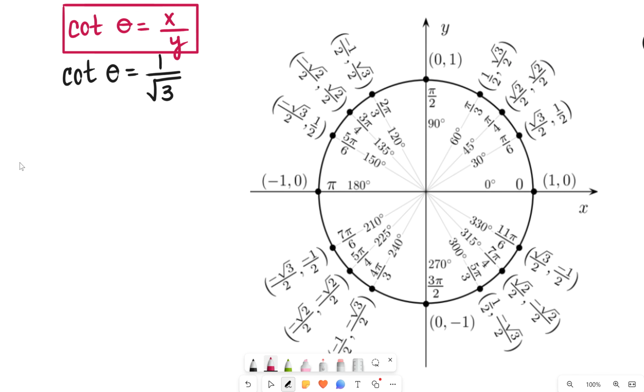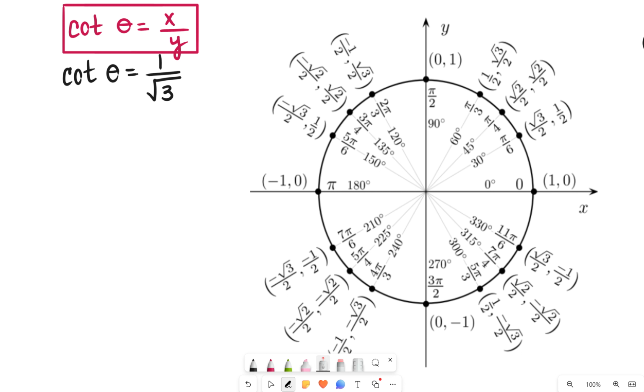Cotangent theta is x over y, and the angle we want has to generate an answer of 1 over square root of 3. Here's a good example of where we can use process of elimination to help narrow down our answers.